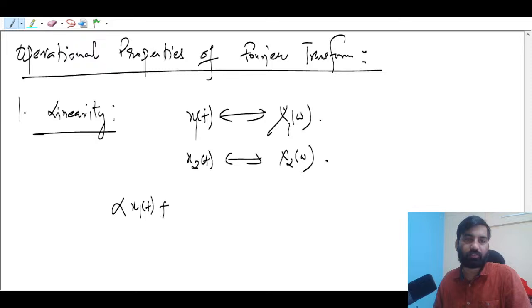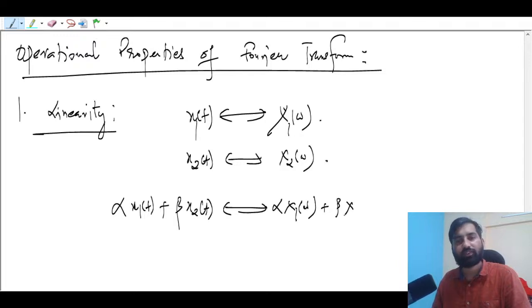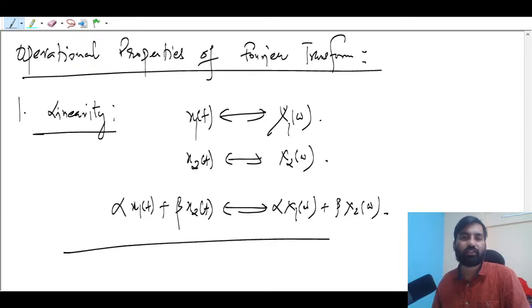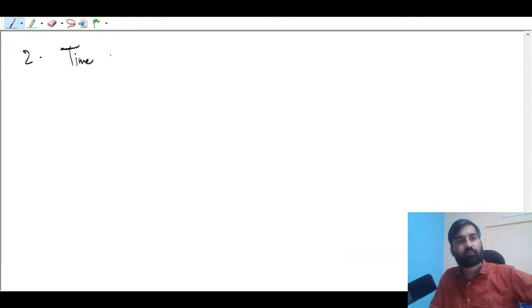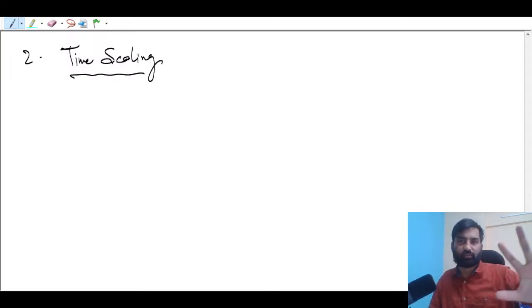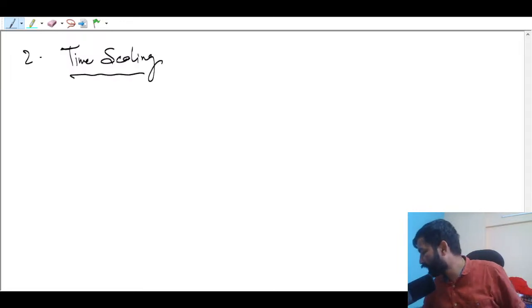So alpha times x1t plus beta times x2t has the Fourier transform alpha times x1 omega plus beta times x2 omega. It's a very simple thing. And next is time scaling property. We'll prove one by one. I'm just listing down all these things as a matter of completeness.